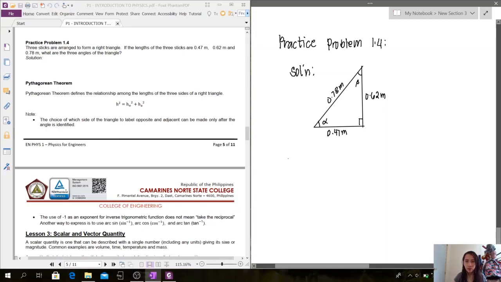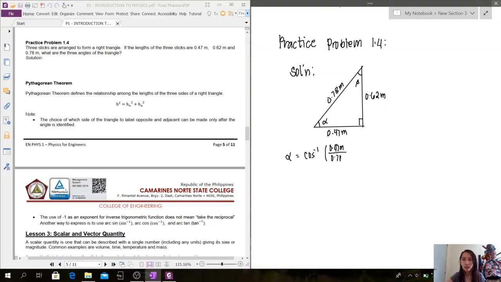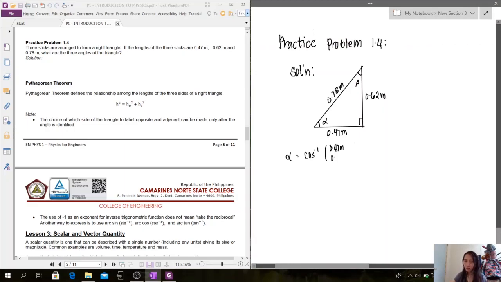So first, let us solve for angle alpha using the arc cosine function. Arc cosine of, referring to this angle, the adjacent side is the 0.47 meter side, and this is the hypotenuse, 0.78, so 0.47 over 0.78 meters.